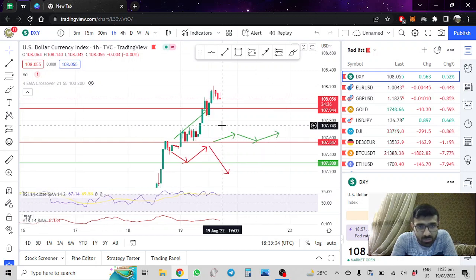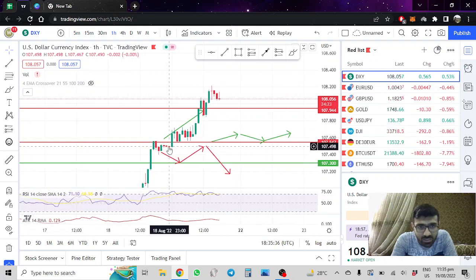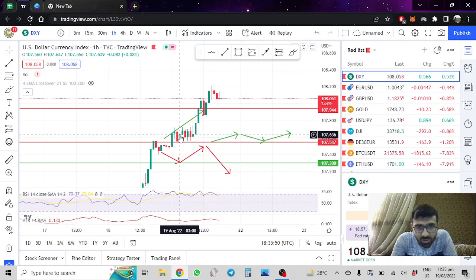If I zoom in, you can clearly see that this area of resistance was broken. Market closed up here, and then the market again tested this area, and closed up again. This was the area where the cautious trader would have got in the market and bought, and he would have made a huge profit.